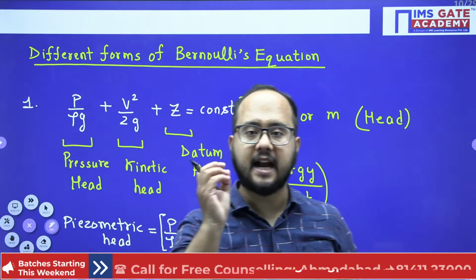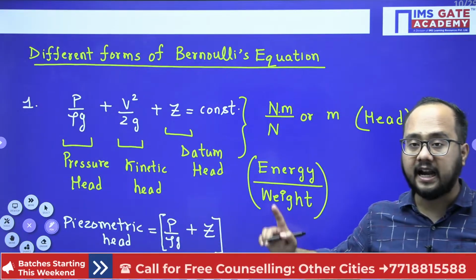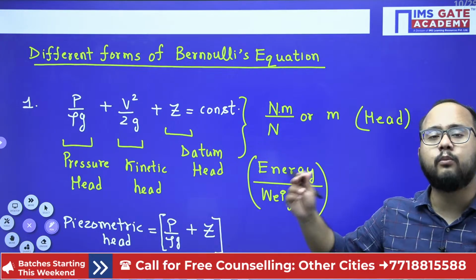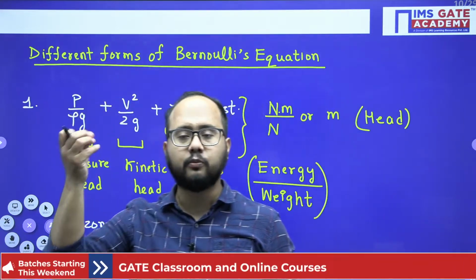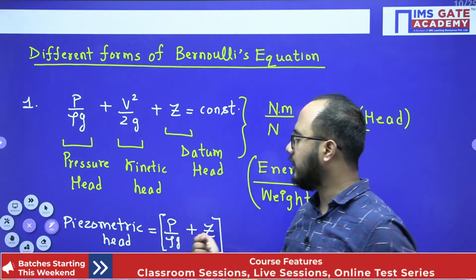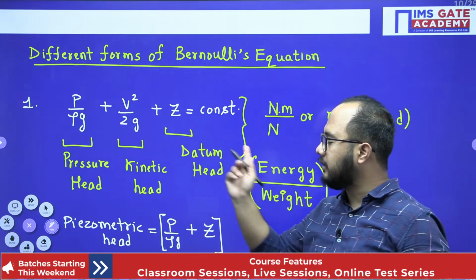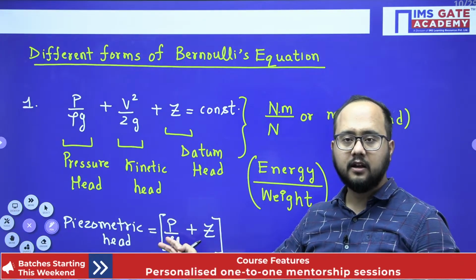Piezometric head. Static pressure head plus the datum head will be known as our piezometric head, and this head will be used in most of the numerical problems, right? In the flow through pipes, this is the most common thing that we are going to use. So remember this point: whenever the velocity is the same, we will be observing this pressure head and the datum head summation, which is piezometric head.